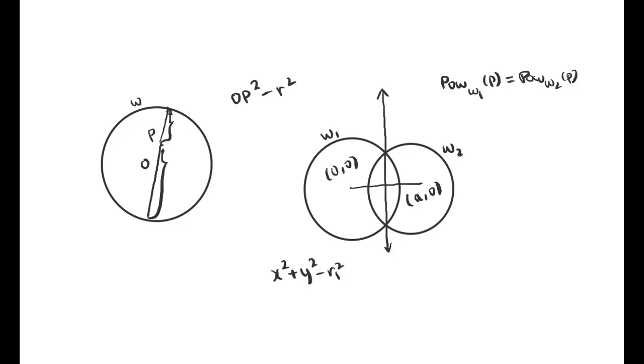And if you set this equal to the power of the point with respect to omega 2, then you can write that this is equal to this quantity. And this is because it's basically from the equation of the circle.